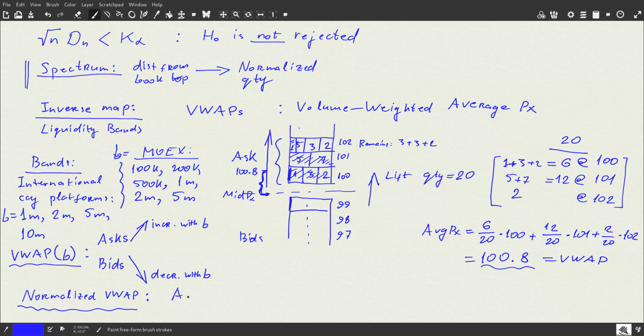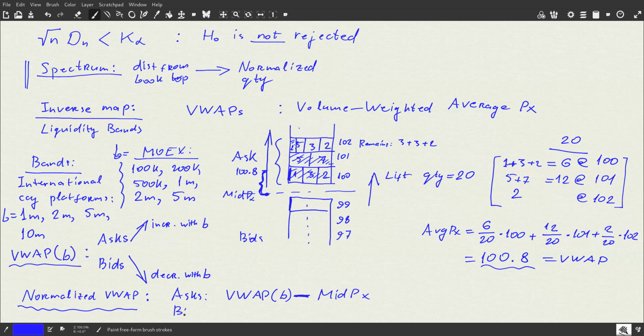So for asks, it will be VWAP of B minus mid price.